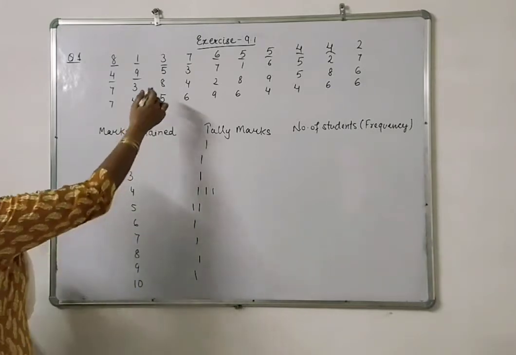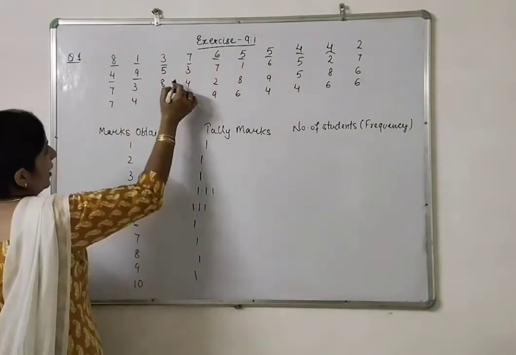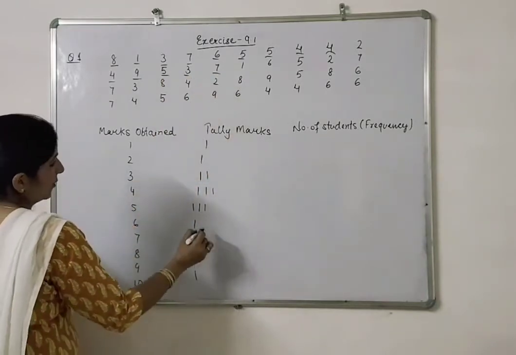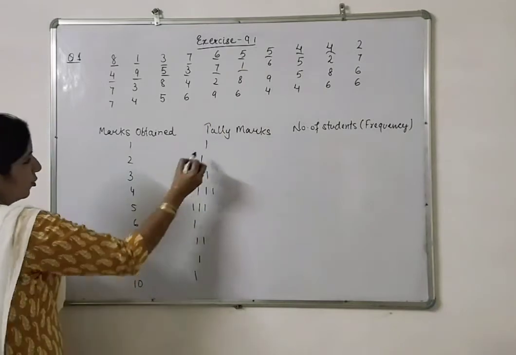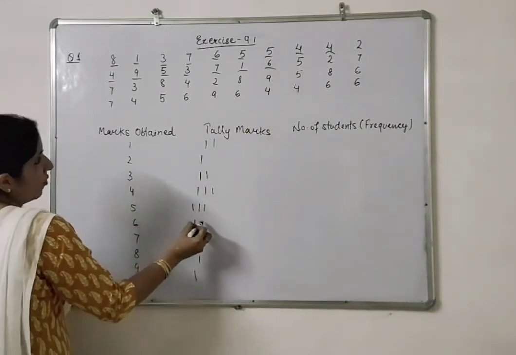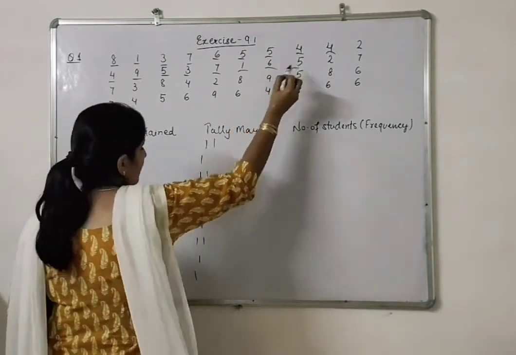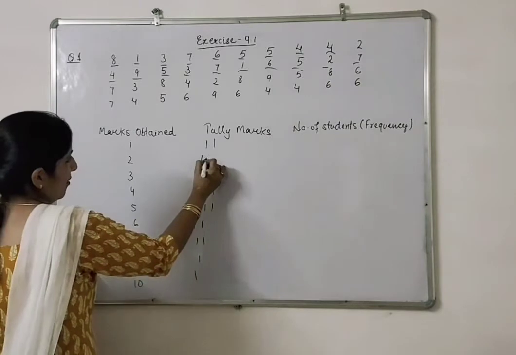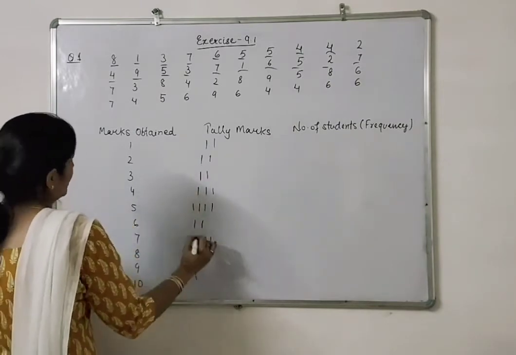And now 5. So we have to be very careful while putting the tally marks. Otherwise, if we note down the wrong data, the answer to the question will be wrong. 6, 5, 2 and then 7. So we can remember 2 together, 2 and then 7.